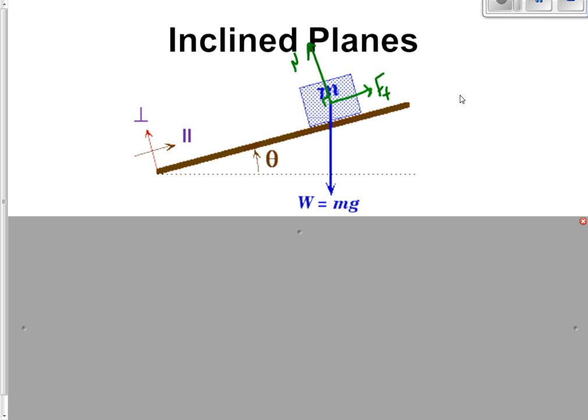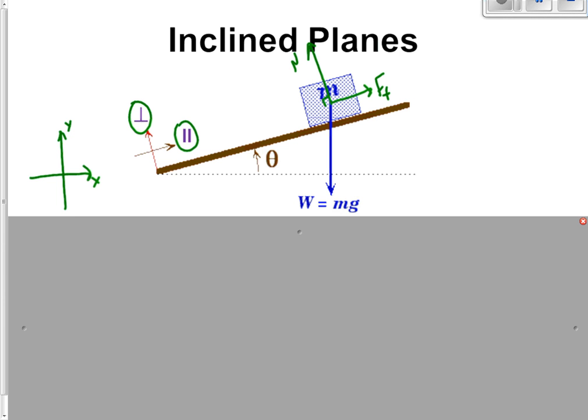So when we determine direction for an incline, rather than our typical x and y directions, we're just going to tip that coordinate system, and we're going to say forces that are perpendicular to the ramp versus forces that are parallel to the ramp. So perpendicular and parallel are synonymous with y and x.